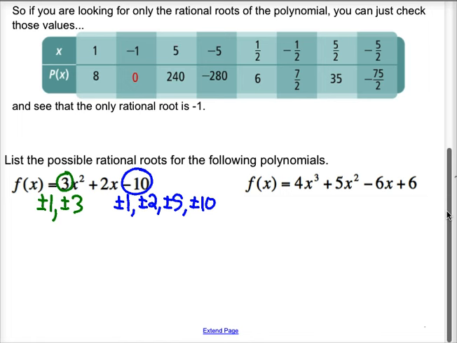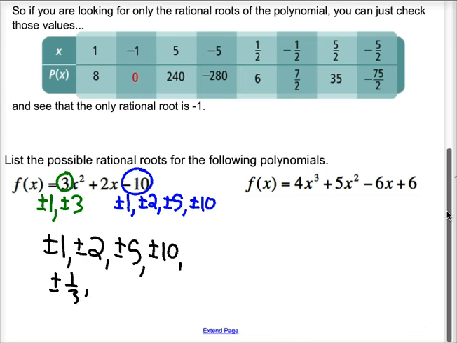And now I want to list out my possibilities. So I take 1 divided by 1. Well, that's just going to give me 1. 2 divided by 1, which is just 2. 5 divided by 1, which is just 5. 10 divided by 1, which is just 10. 1 divided by 3, which is 1/3. 2 divided by 3, which is 2/3. 5 divided by 3, which is 5/3. 10 divided by 3, which is 10/3.